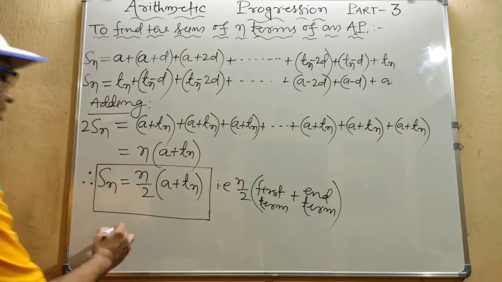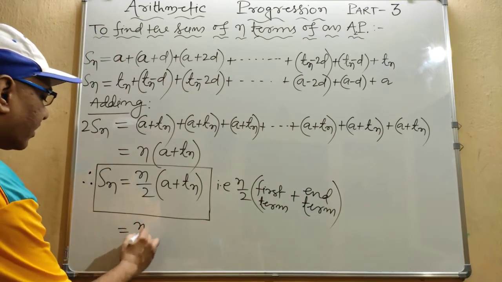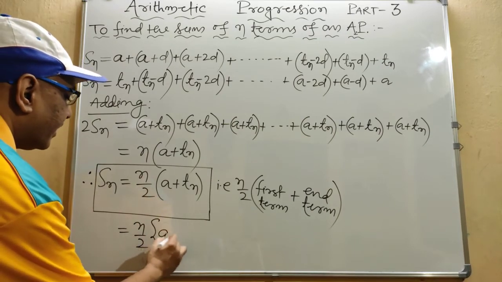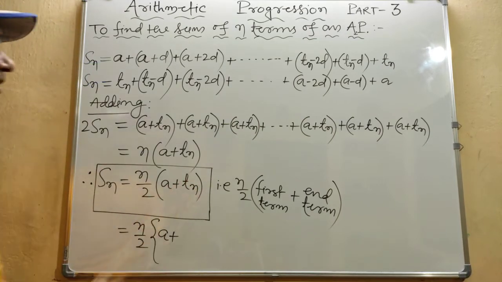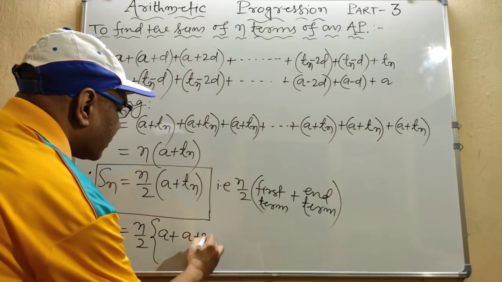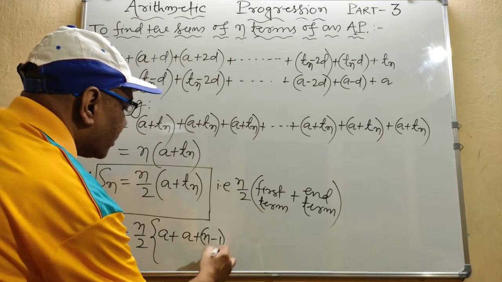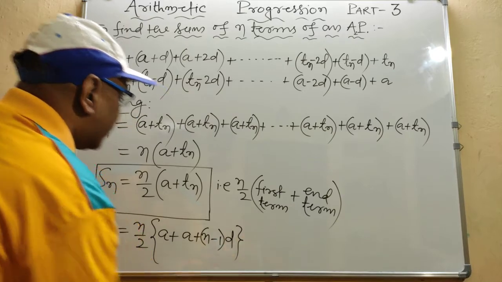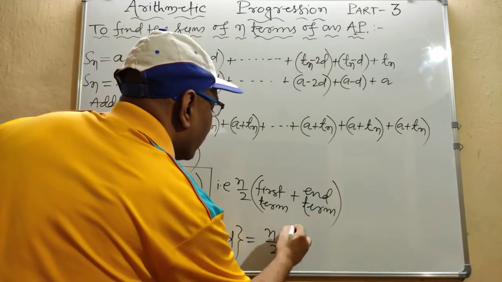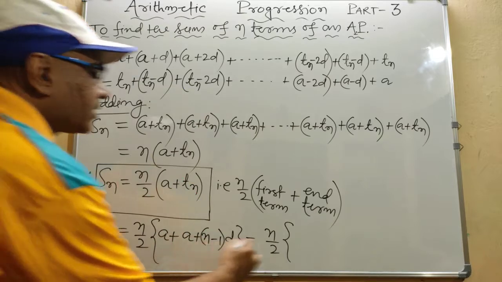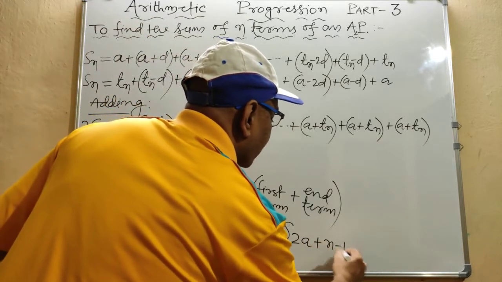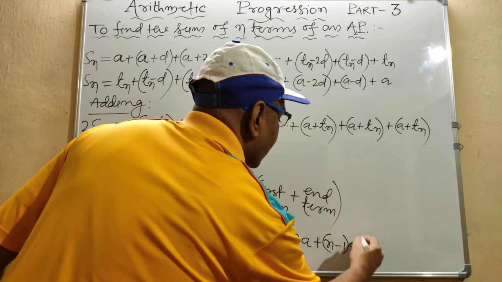Or you can simplify it in this way: n by 2 (a plus tn). Tn is what? The nth term. The nth term can be written as a plus n minus 1 into d. So this can also be written as n by 2, within bracket, a plus a, that is 2a plus n minus 1 into d.